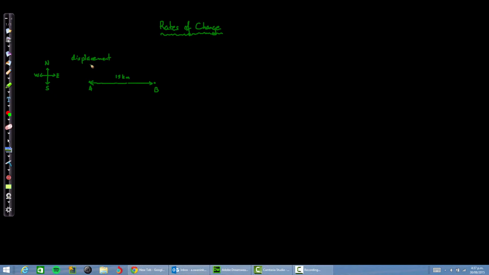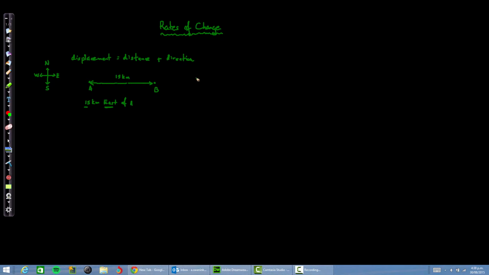So how is that connected with the idea of displacement? Well, displacement and distance are connected, but they're not exactly the same. Displacement is distance, but it adds in also the direction. So if we talked about the displacement of town B from town A, we would say, well, it's 15 kilometers east of A. So we have the distance, but we also have the direction.